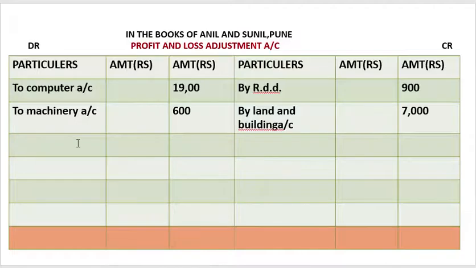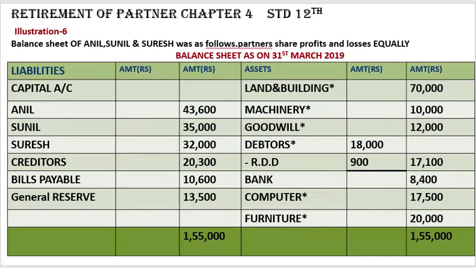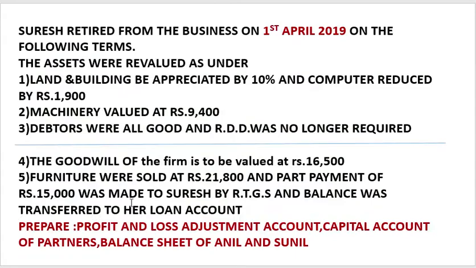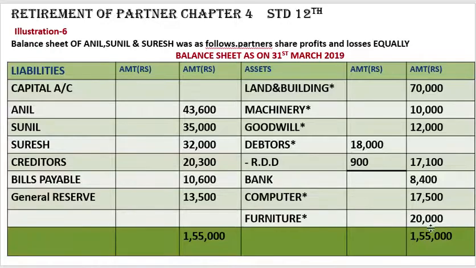Okay. Now first we'll close this profit and loss adjustment account. So over here we'll be getting by furniture, just a second. Furniture was sold out for 21,800, and here it was valued as 20,000.